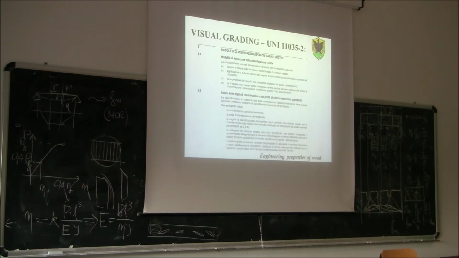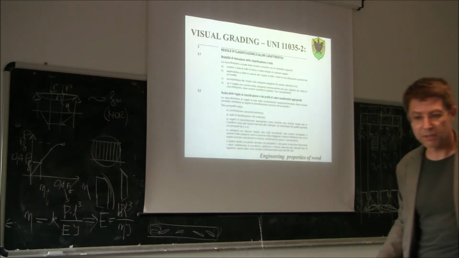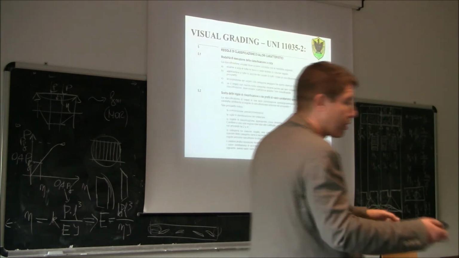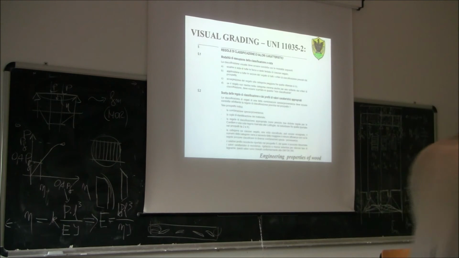If it looks like the wood does not comply with the regulation, then you phone a wood technologist from Florence, from CNR, now called IBE, Istituto per la Bioeconomia, and ask them to come and check. If they confirm that this wood does not comply with this class, then you start a discussion with the supplier and say, look, this is not the wood that I ordered. So it's very important for you to have an idea how to do it.